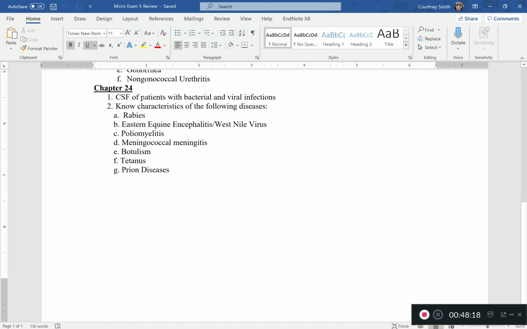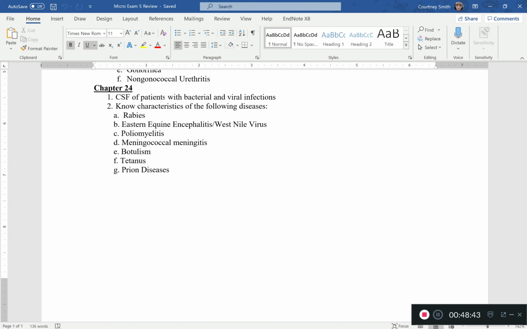With the first one, where it says the spinal fluid for patients with bacterial and viral infections. The difference between spinal fluids for bacterial and viral neurological infections is that with bacterial, whenever you collect it, it will be cloudy, whereas with viral, it will be clear.